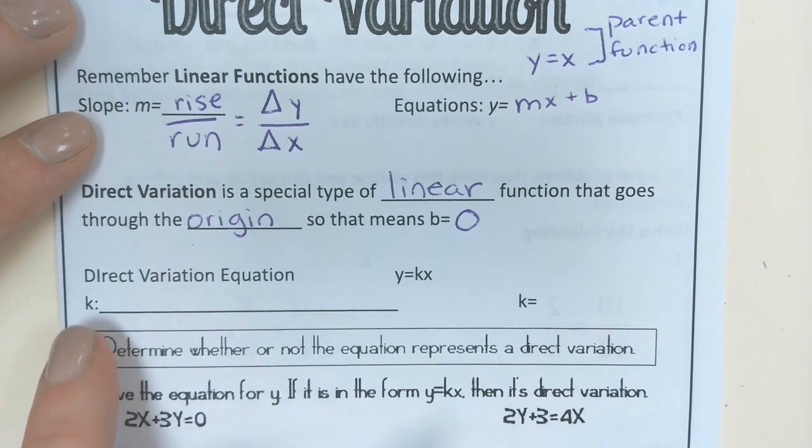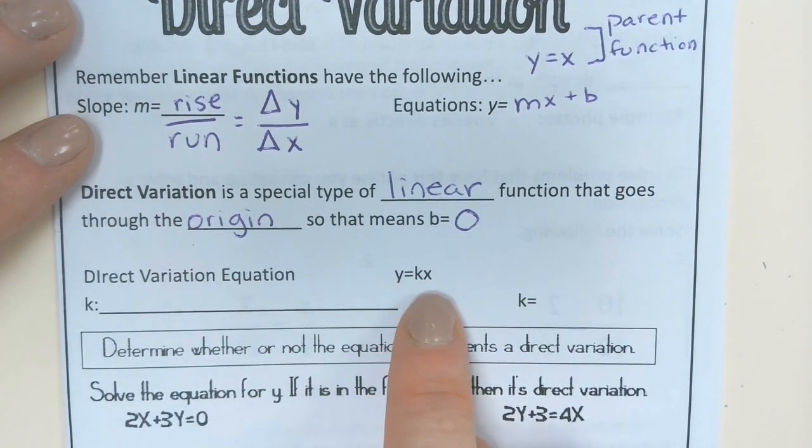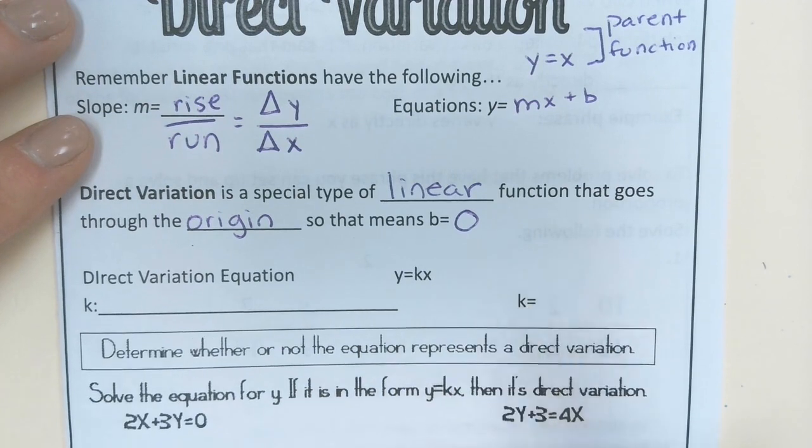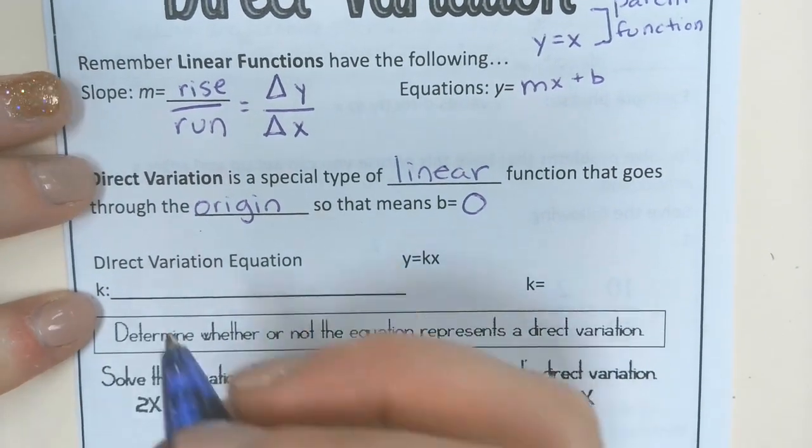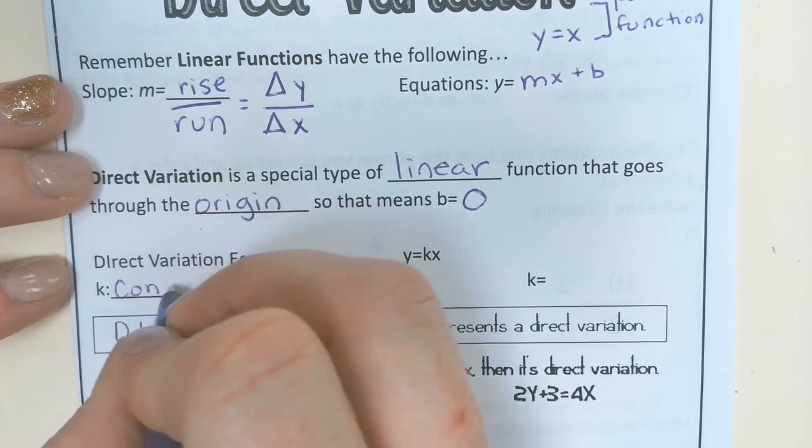So the direct variation equation is just going to be y equals kx. No plus or minus a b, because it goes to the origin. K is called your constant of proportionality.